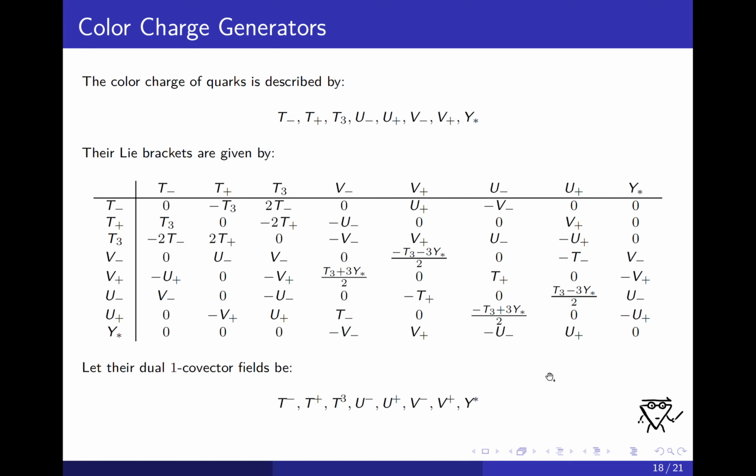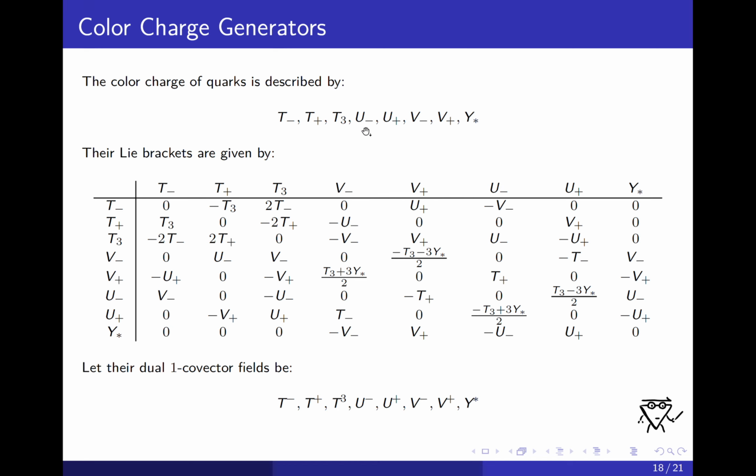So finally, we apply this theory to the color charge generators. Recall that the color charge of quarks is described by the 8 linear operators, where you see that the upper 3x3 block, or the first 3 operators, T minus, T plus, and T3, are the T-spins of these quarks.